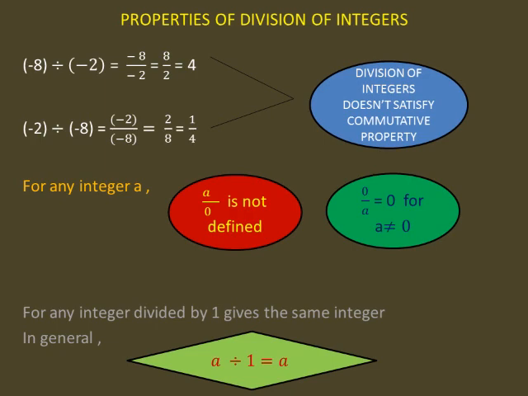It will be the same whether there is a denominator or not. You can write it with 1 or without 1. The meaning is the same. It doesn't affect the whole number. So a divided by 1 is equal to a. For example, if you say 3 or 3 by 1, they both are the same. It doesn't make a difference.